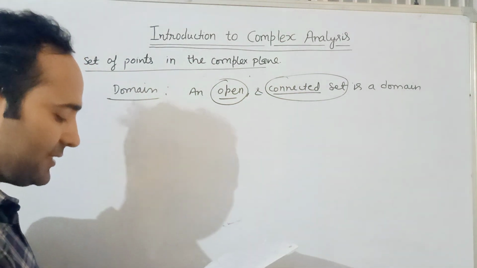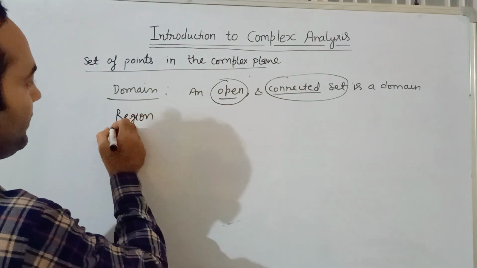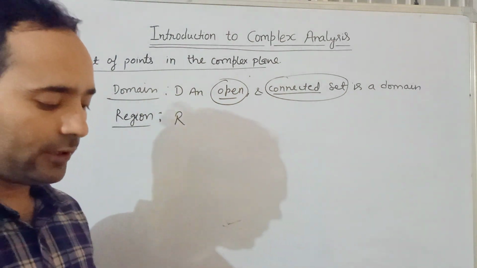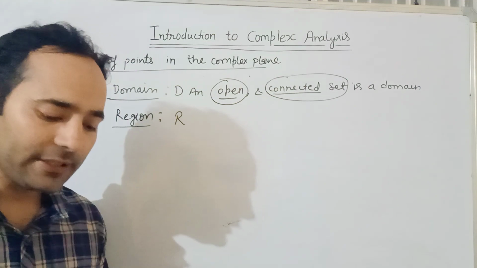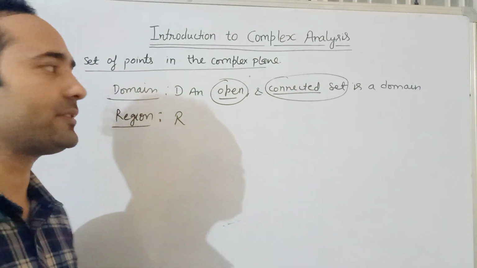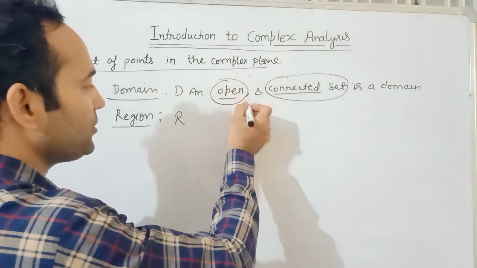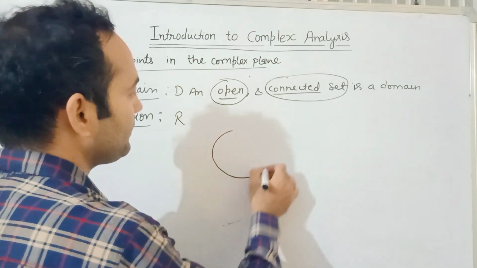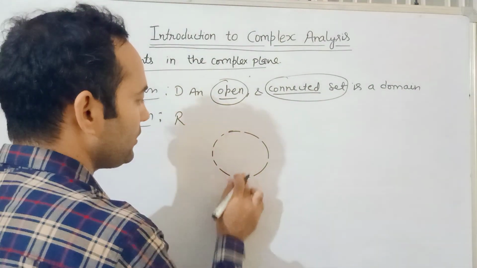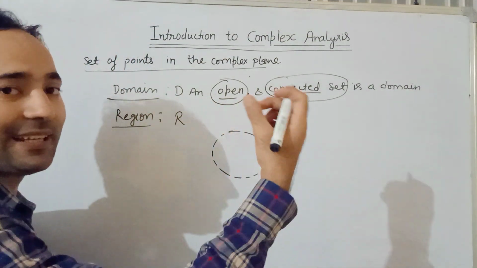Okay. What is region? So domain is denoted by D and region is denoted by R. Region is a domain together with all, some or none of its boundary points. Domain should be open, so boundary points cannot be included.